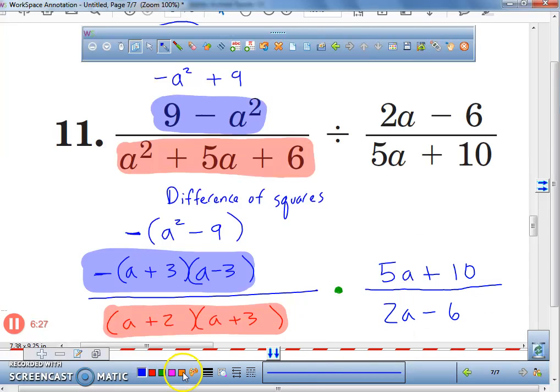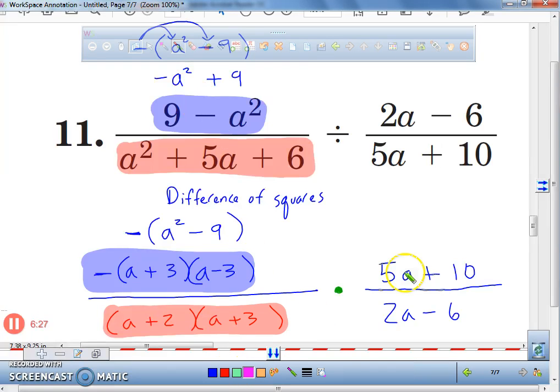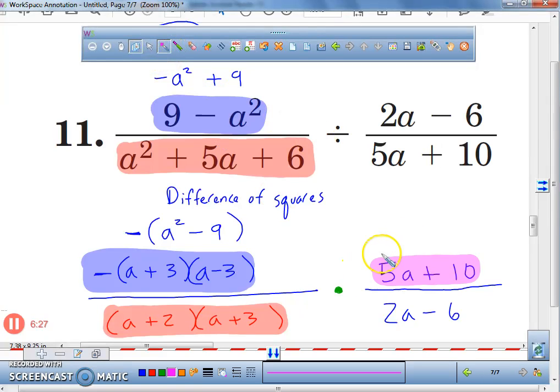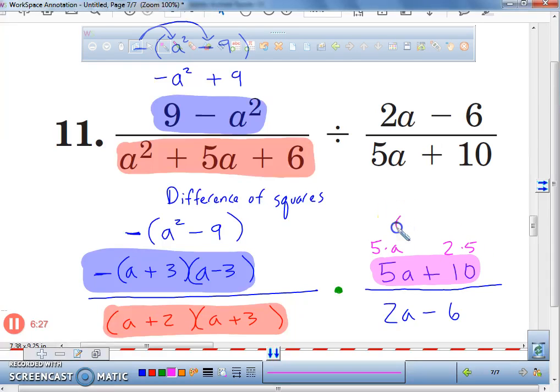Now, what are the factors of 5a? 5 and an a. What are the factors of 10? 2 and a 5. What is the greatest common factor between 5a and 2 times 5?